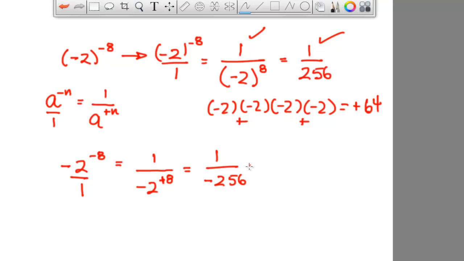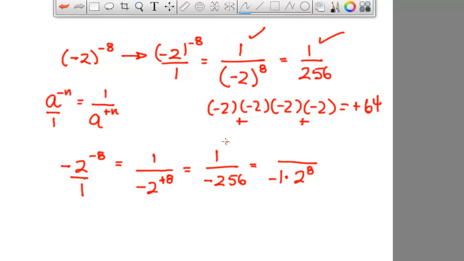Well, why is this negative? Well, let me tell you why. There's a -1 times 2 to the 8th power. That power of 8 does not operate on the -1. It only operates on the 2.